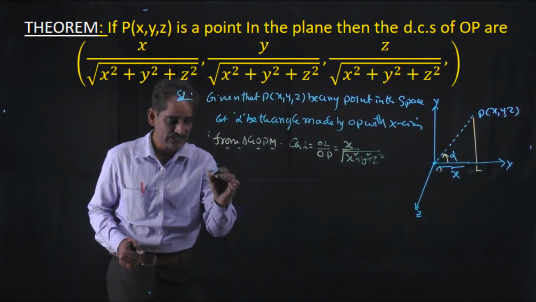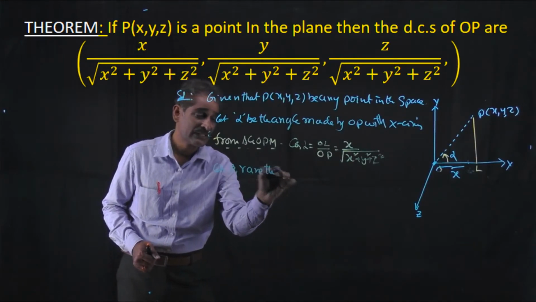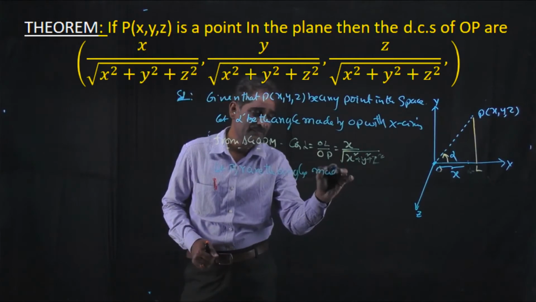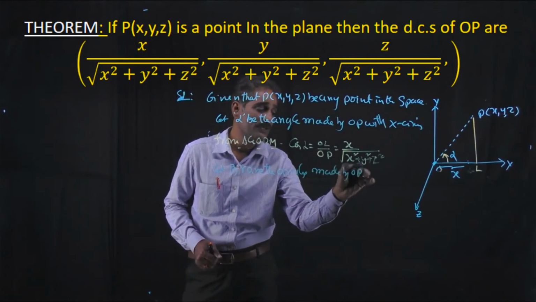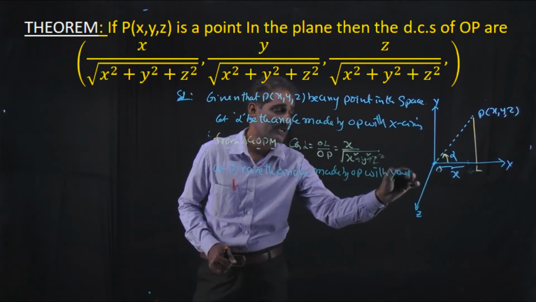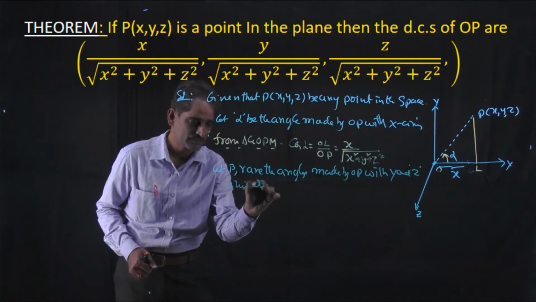So let beta and gamma be the angles made by OP with the y and z axes respectively.